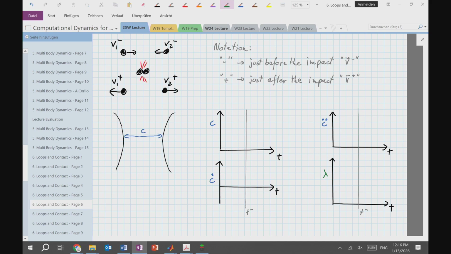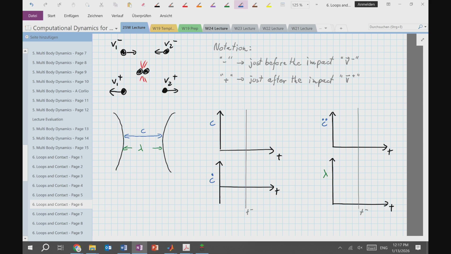Because I have this one-dimensional constraint space, which is just the distance between the two particles, I will also have a one-dimensional constraint force, a lambda, that will push these particles apart.